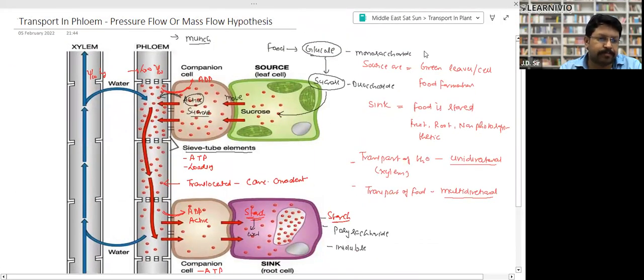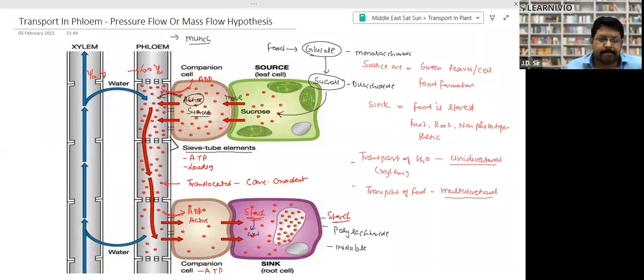Transport in phloem. Look. When we talk about the transport of food material, that means sugar, the transport of food takes place through the phloem, from the leaf to the root part, right?